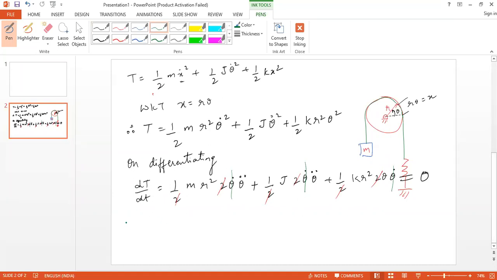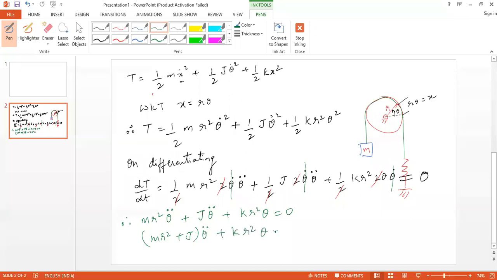So the remaining is m r square theta double dot plus J theta double dot plus k r square theta that is equal to 0, or m r square plus J into theta double dot plus k r square theta that is equal to 0.